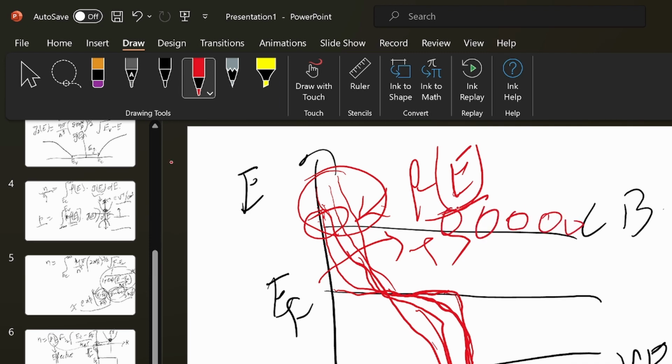Also in the valency band, 1 minus FE is increasing with the overlap with the density of states GE in the valency band. GE into 1 minus FE is increasing. So the number of holes is also increasing. Both will increase if it is an intrinsic semiconductor.